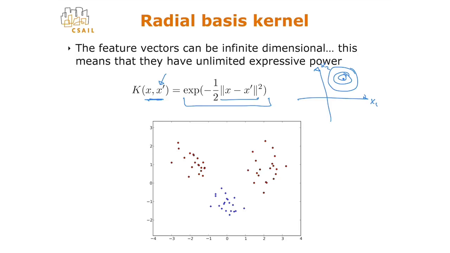And so the further x prime moves away from x, the more rapidly the value of the kernel, or the similarity measure here, decreases. And when you move really far away, it's nearly zero.